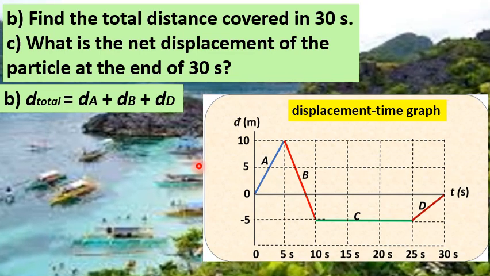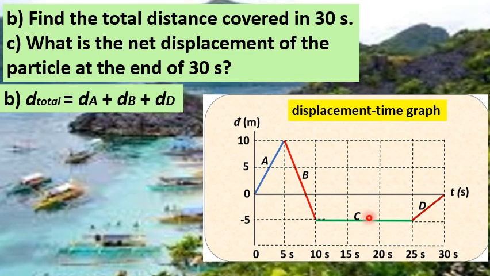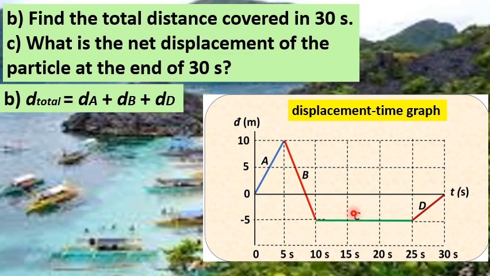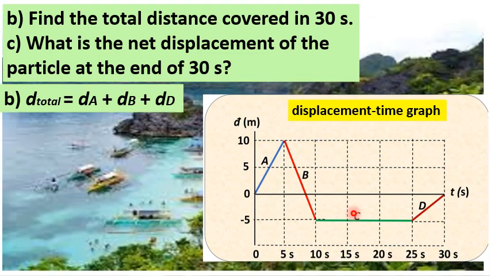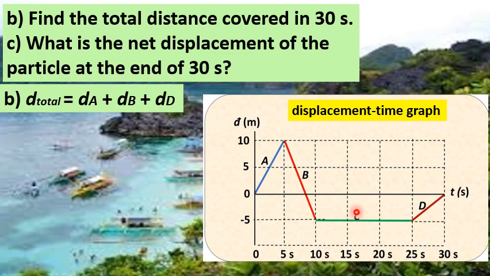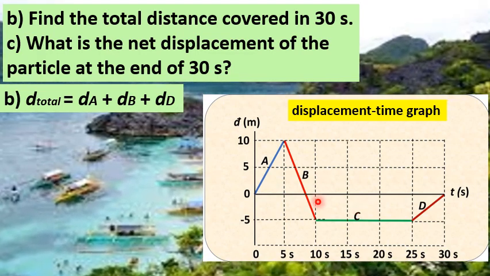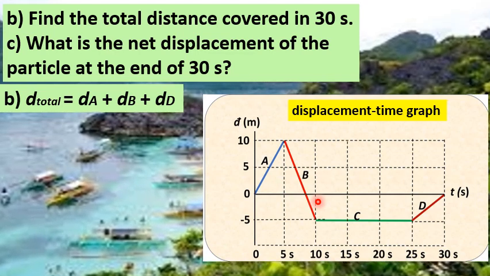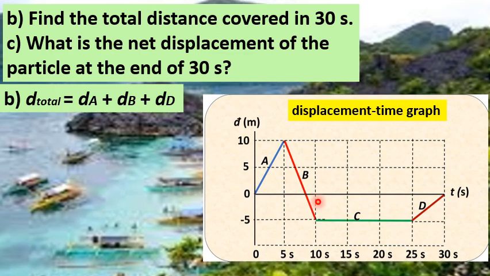And since segment C represents what we call a body that is stationary, in short, during this time interval the particle is motionless, so it has not covered or traveled any distance.